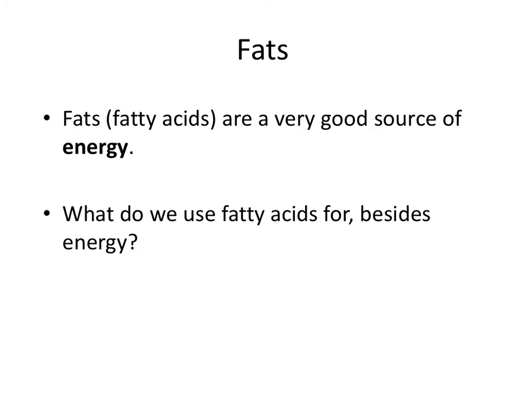We store fats because it's the best way to store energy. We also store some in carbohydrates, but fat, pound for pound, has much more energy stored that we can then break down and turn into energy for our cells.